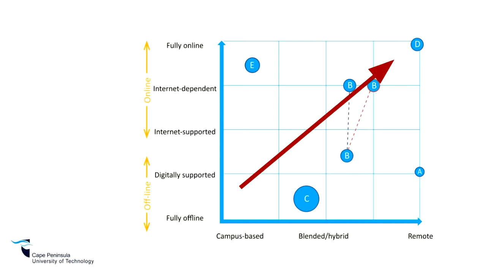But we haven't developed anything like that at CPUT yet. There is the learning analytics tool, which can give us an idea of how varied the tools being used are, and whether it's just content or people are using other things as well.